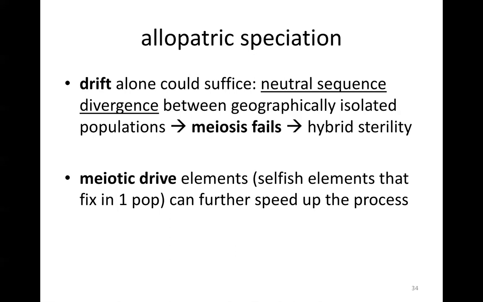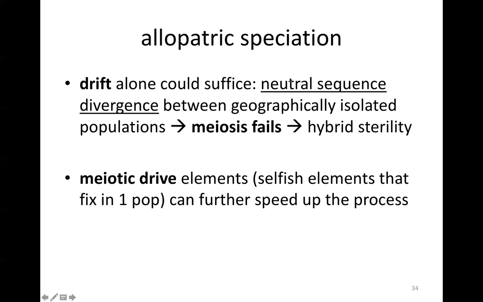Neutral sequence divergence, even with no functional genes, could also drive speciation, because in sexually reproducing organisms you need to have some degree of sequence homology and karyotype homology for meiosis to be performed functionally successfully.